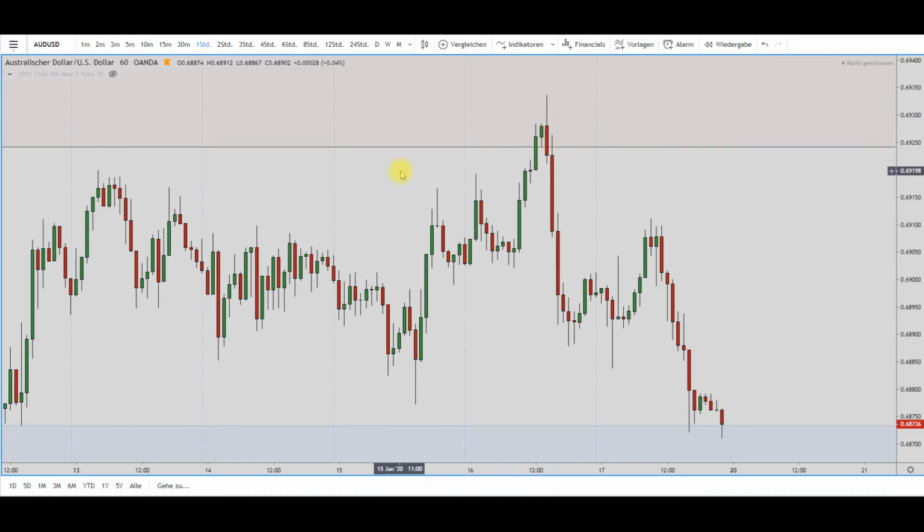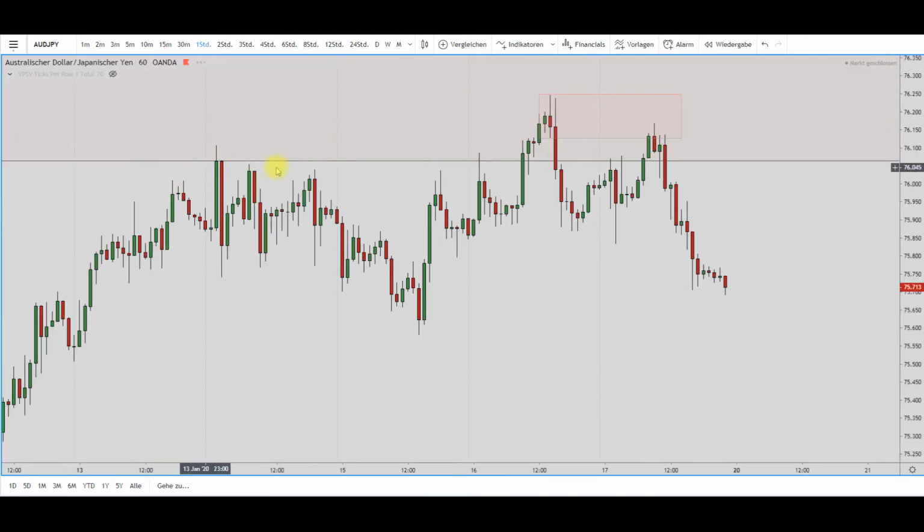I managed to get in around this area and took it out yesterday. I did take another one in another Aussie pair.